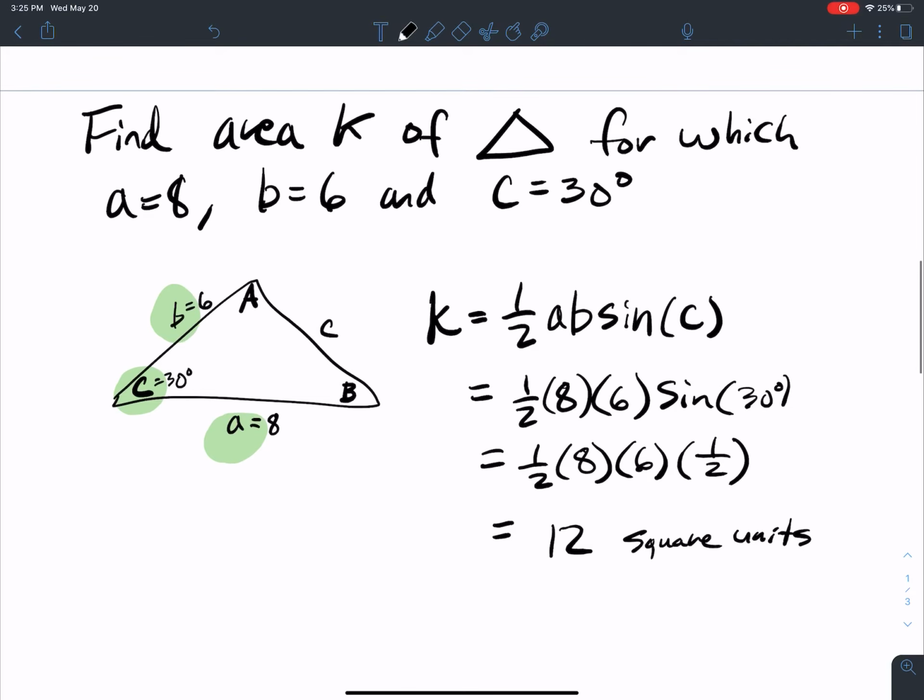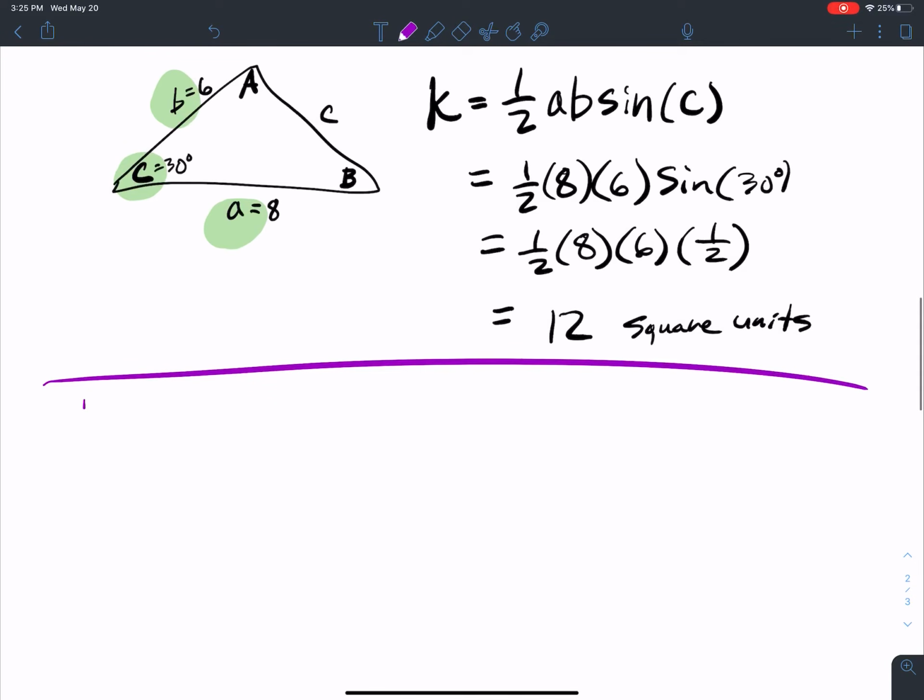Now, there's another formula for the area of a triangle. It's a theorem called Heron's Formula.